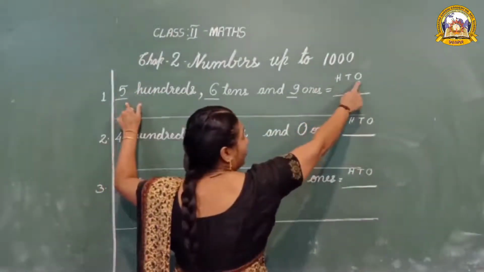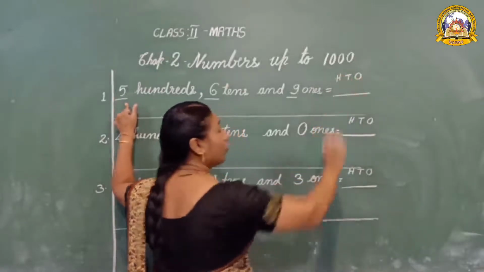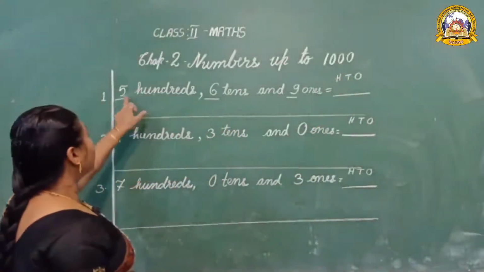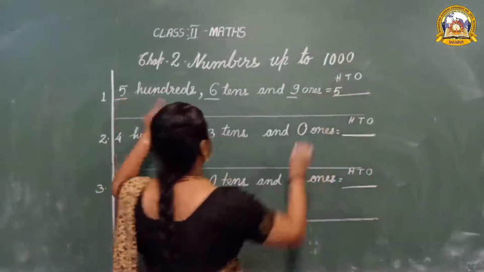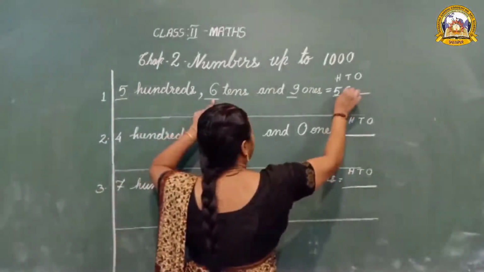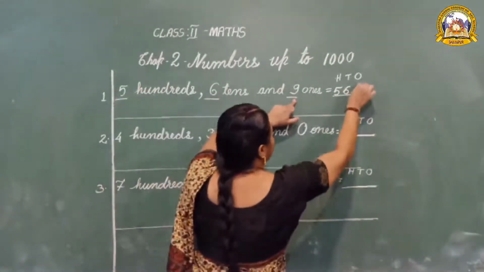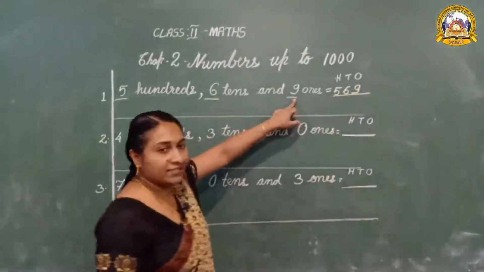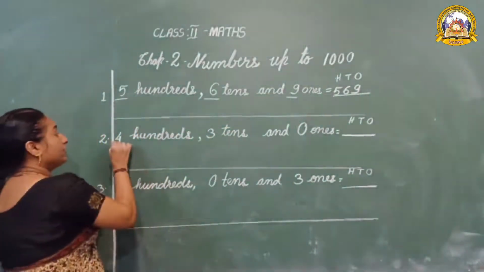H, T, O. H for 100, T for tens, and O for ones. How many hundreds are there? 5 hundreds. Then how many tens are there? 6 tens. And how many ones are there? 9 ones.